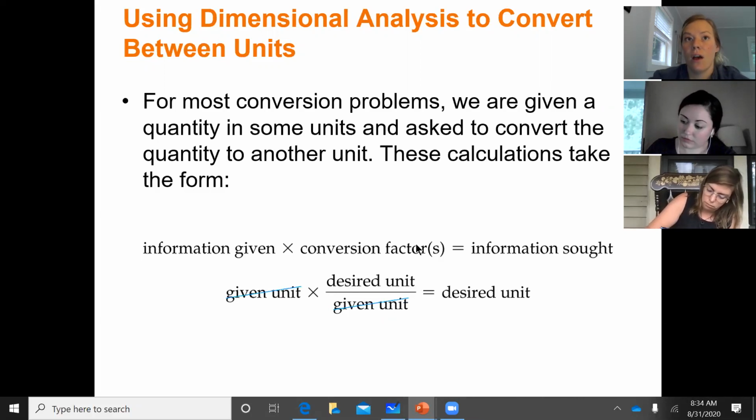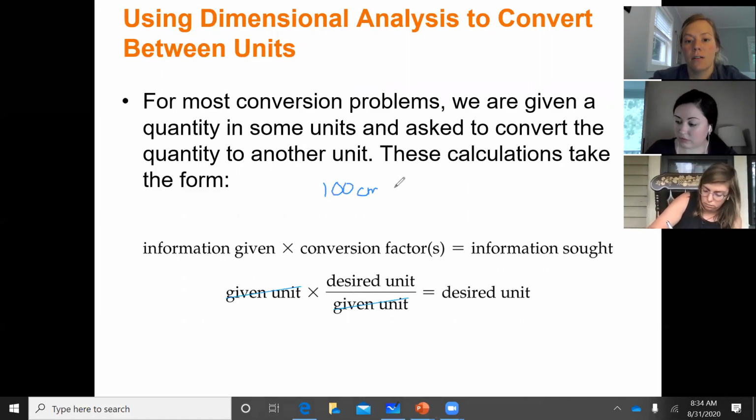Okay, so 100 centimeters equals 1 meter. That would be an example of a conversion factor. 12 inches is equal to 1 foot. That's a conversion factor. It's two things that are the same, but they're written in different units.